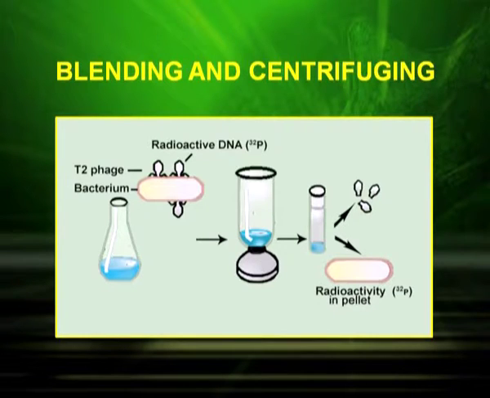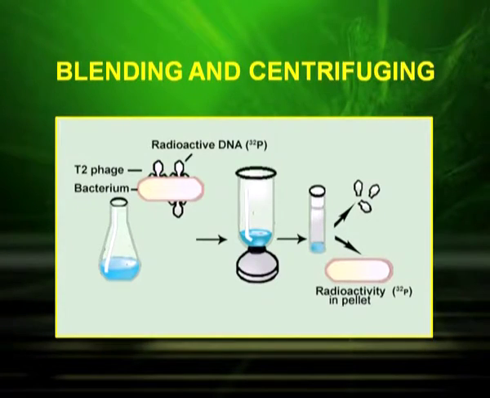After infection, the next step was blending and centrifuging. To their surprise, after centrifugation, they found two components, the one was the supernatant and the other was the pellet. They found when they used P32, the radioactivity was in the pellet. Now, what does this pellet contain? The pellet contained the bacteria.